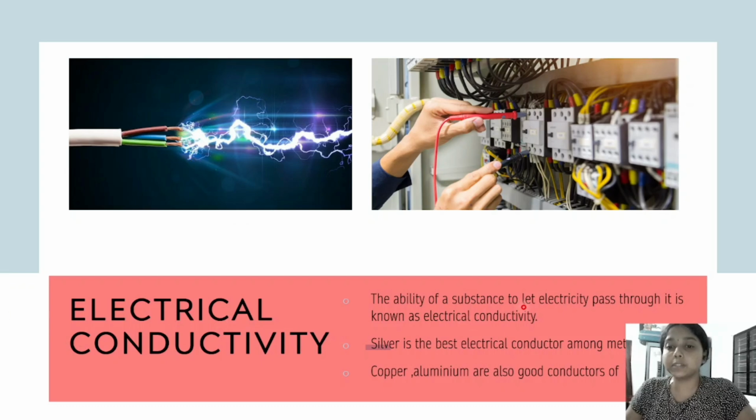The ability of a substance to let electricity pass through it is known as electrical conductivity. Silver is the best electrical conductor among metals. Copper and aluminum are also good conductors of electricity. Is gold a conductor of electricity? Yes, it is a conductor, but it conducts very little. That is why we can wear it on our hands. Otherwise, we would get a shock.